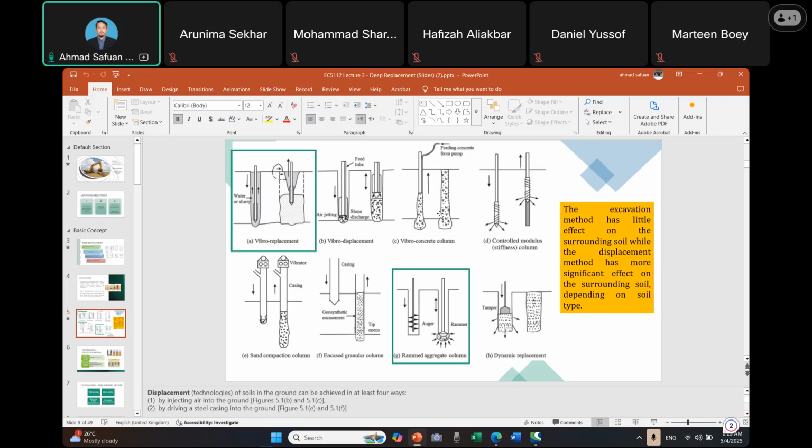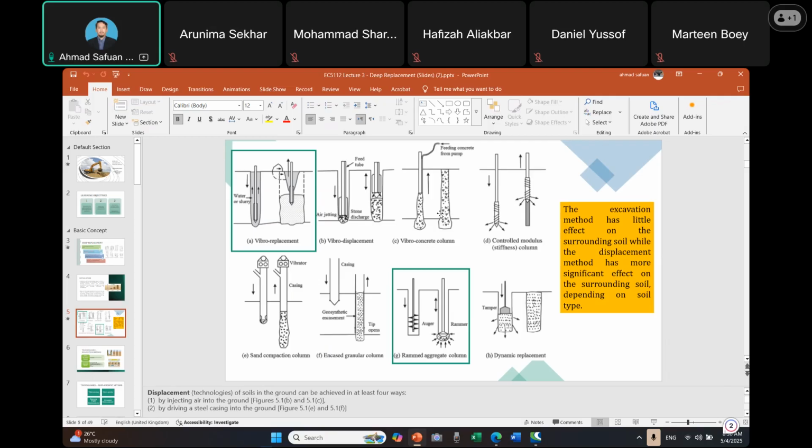Once they have injected the air, at the same time they pour the stone to replace the hole that is being made by using the air jetting method.